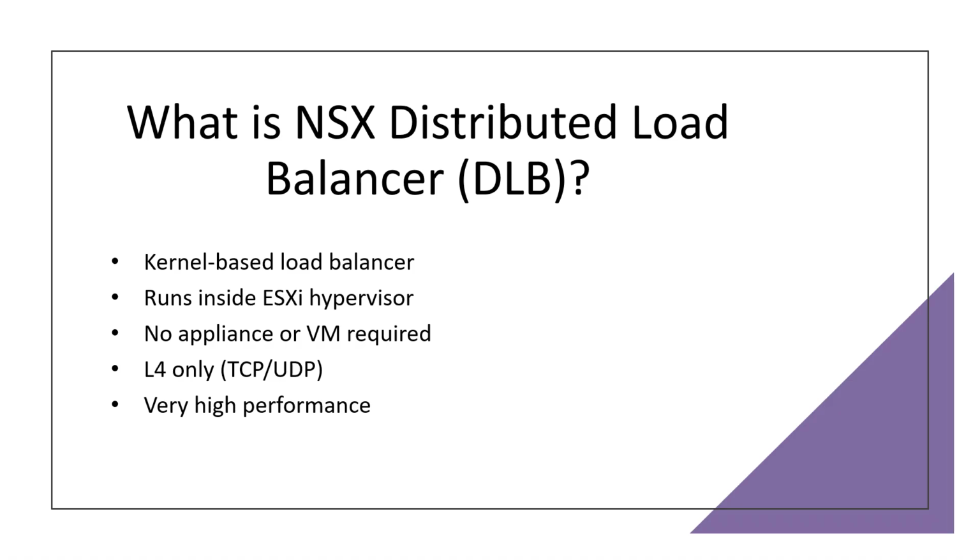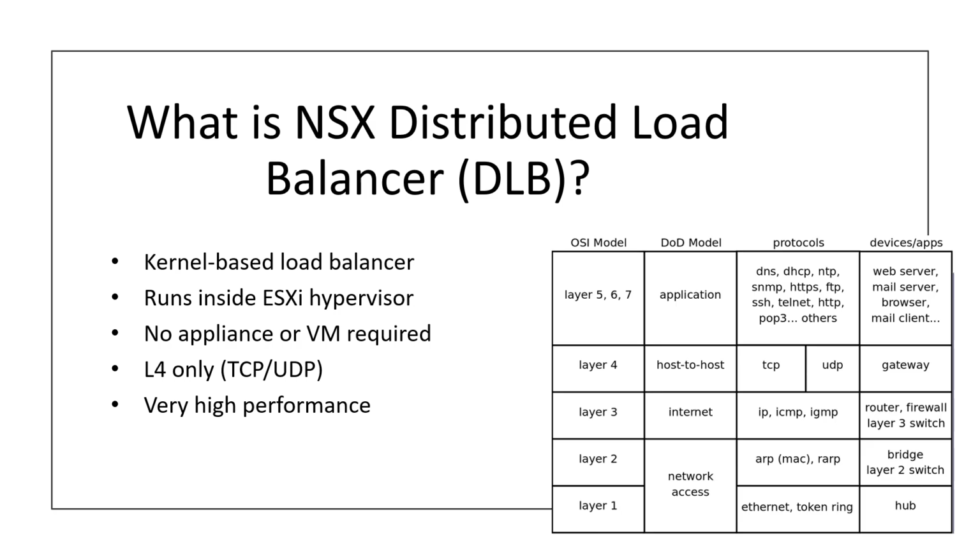Now I want everyone to focus here because this is a layer 4 concept, which may confuse many people, because the distributed load balancer supports only layer 4. So what is layer 4? See here, I just shared a table with layer 1 to layer 7.